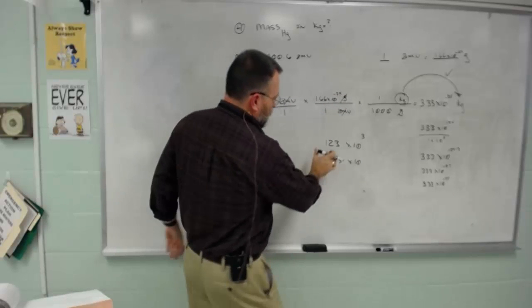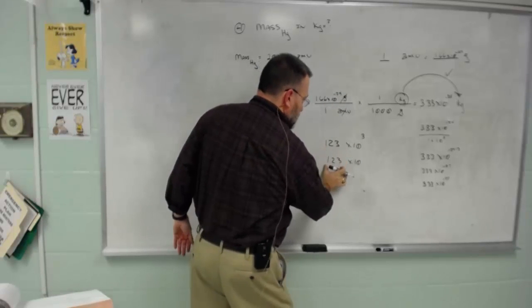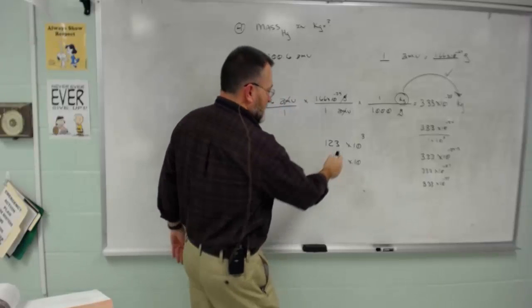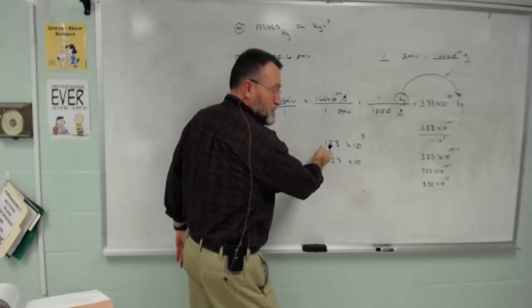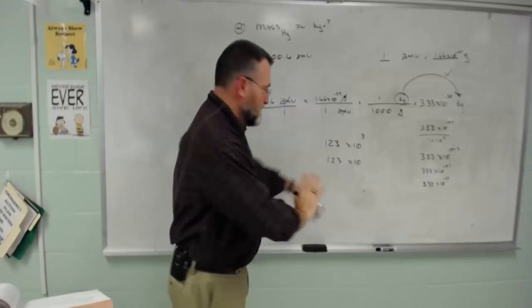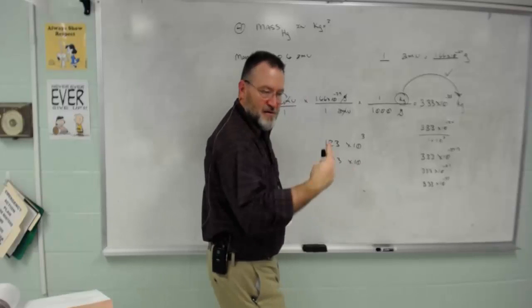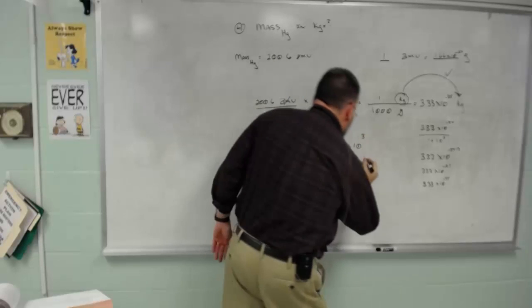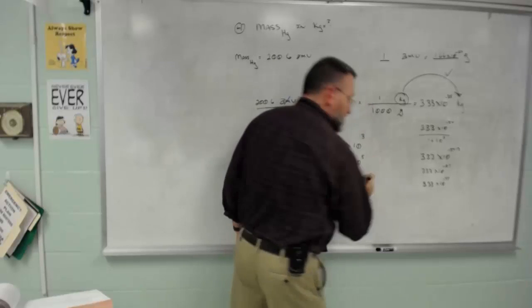Since it went from 123 to 1.23, I've made it smaller by a factor of 2 places. I've made this side smaller by a factor of 2, so I need to increase this by a factor of 2. 10 to the third, increase it by 2, makes it 5.